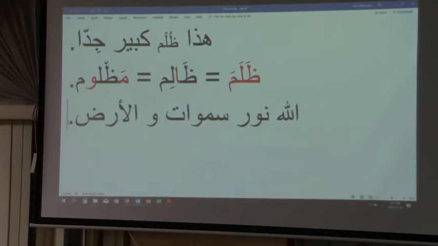هل في سؤال؟ ما في سؤال. كيف المراجعة؟ ما في مراجعة.